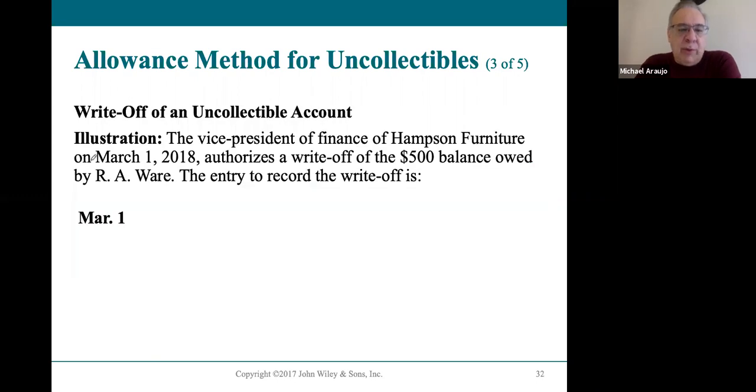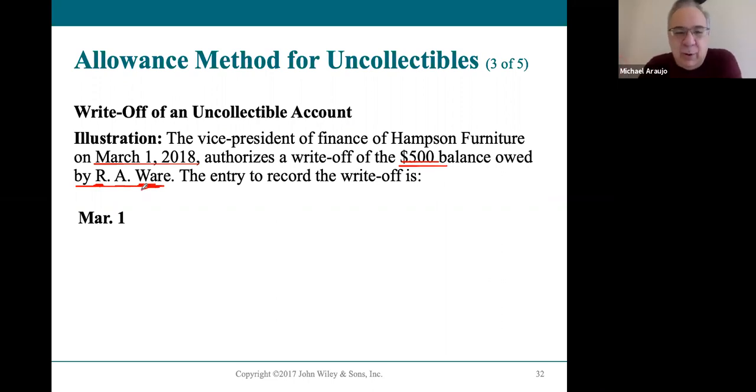So 3 months later, it's March, same company, Hampson Furniture. They've identified a $500 balance owed by a client, R.A. Ware. You can look at it a few ways: they are aware that they're not going to collect this, or they're asking, where is this guy's money?